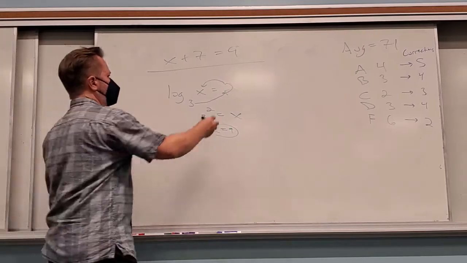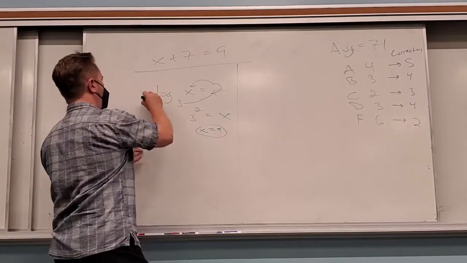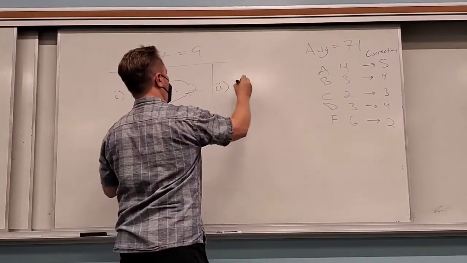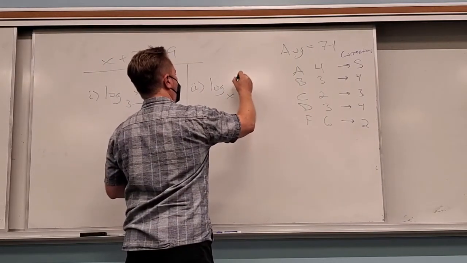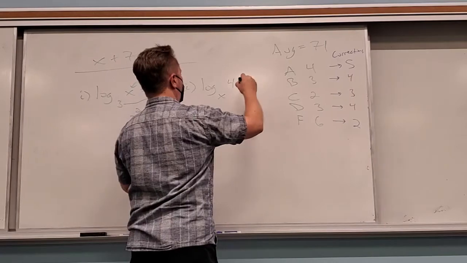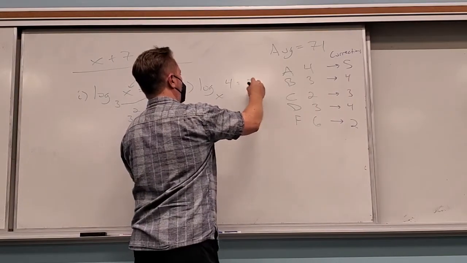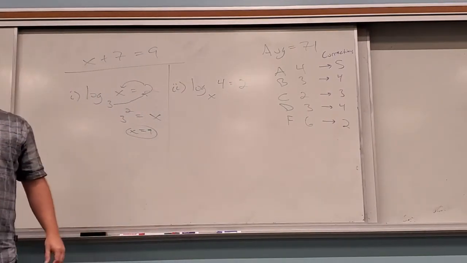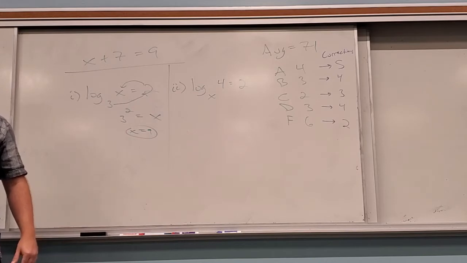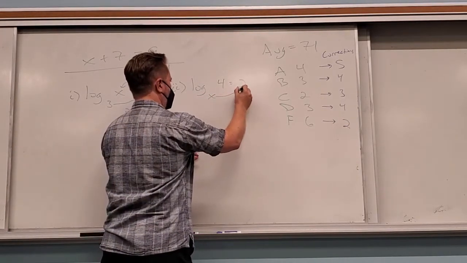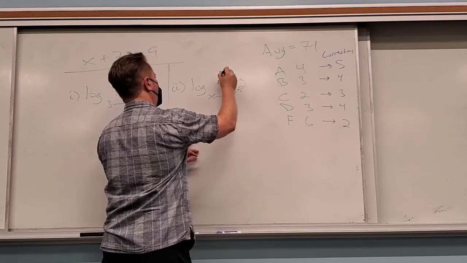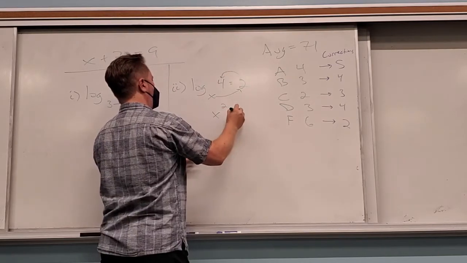How about this one? The log base x of 4 equals 2. Right. This says x squared equals 4.